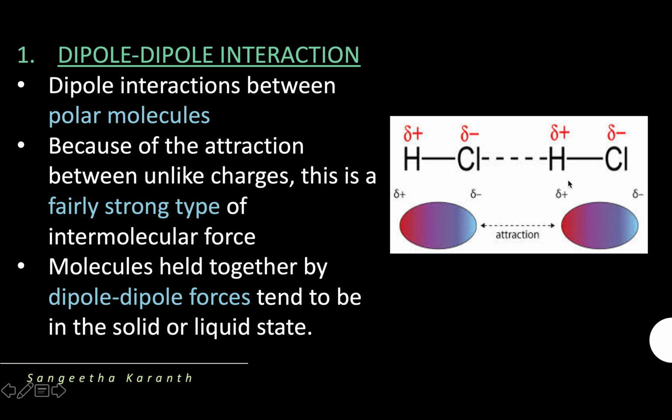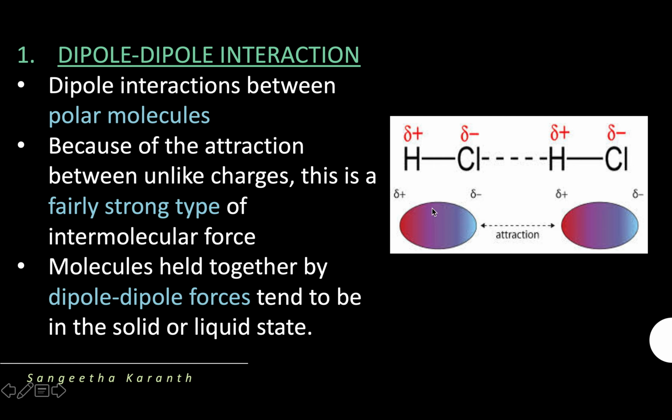So when two dipoles, that is, two HCl molecules, are placed together, there is an attraction between the hydrogen of one molecule and the chlorine of another molecule. This force of attraction is called dipole-dipole interaction. Why do we call it dipole-dipole interaction?